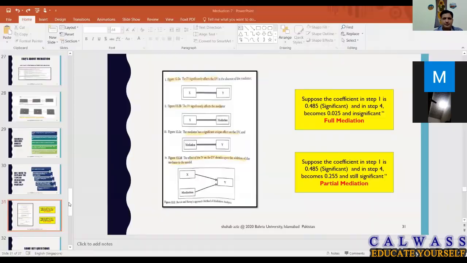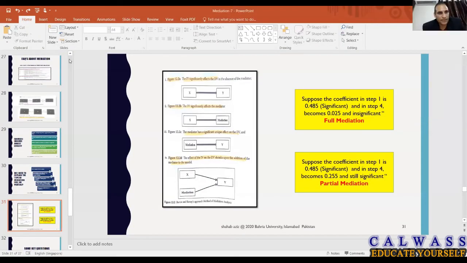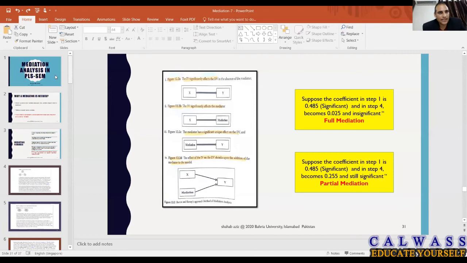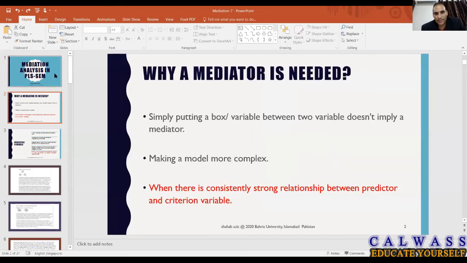I am quickly going to move to mediation and moderation, and then I'll run all those in SmartPLS. Mediation is basically this: sometimes the relationship between IV and DV is not explained properly.